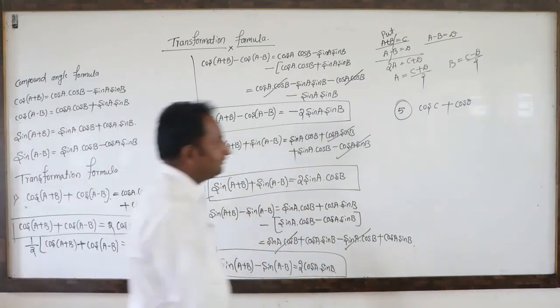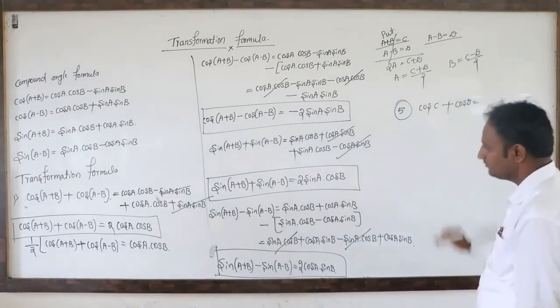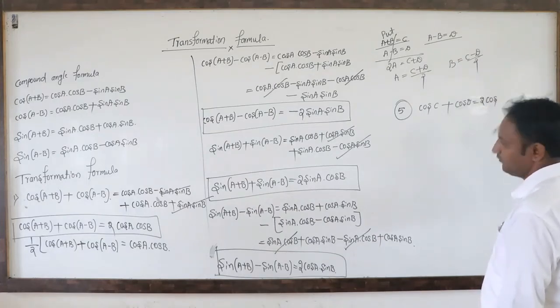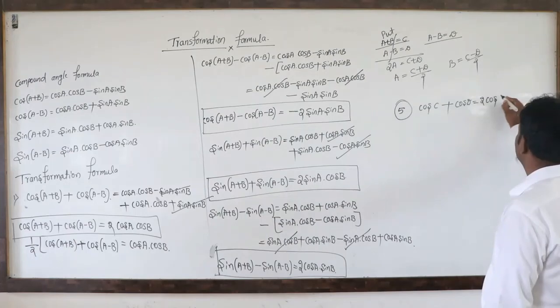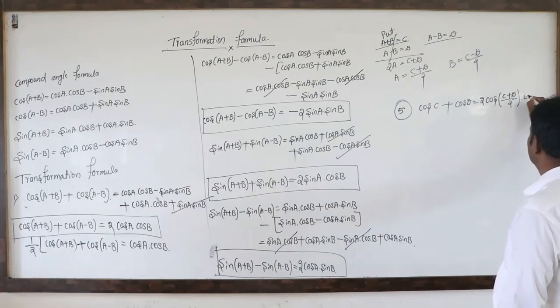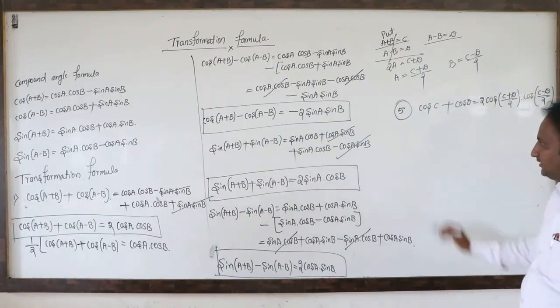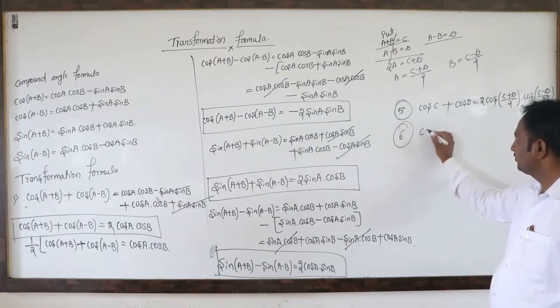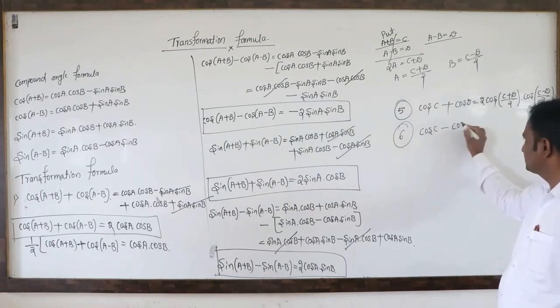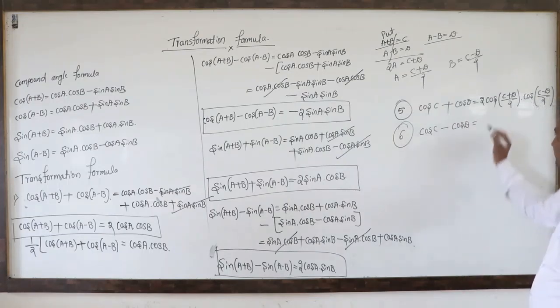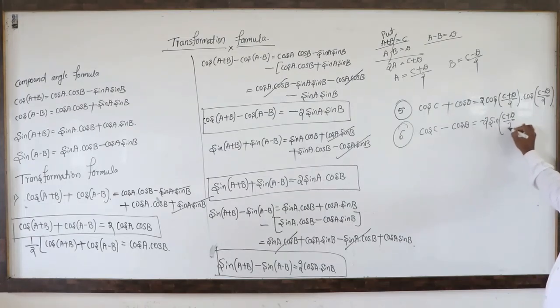In place of a, that's equal to 2 cos of, a value is c plus d divided by 2 and cos of c minus d divided by 2. Sixth one, similarly, cos c minus cos d is equal to minus 2 sine of c plus d divided by 2 into sine of c minus d divided by 2.